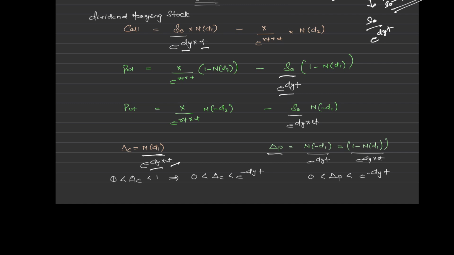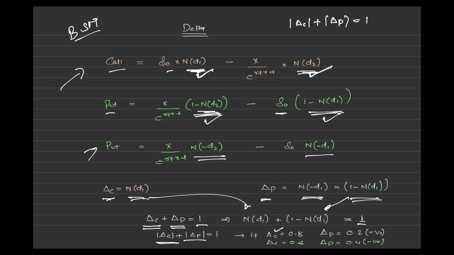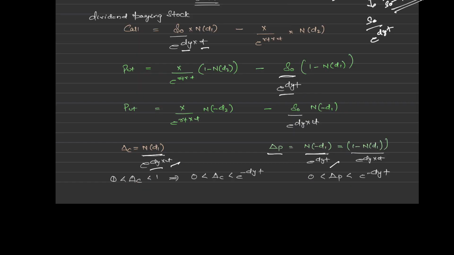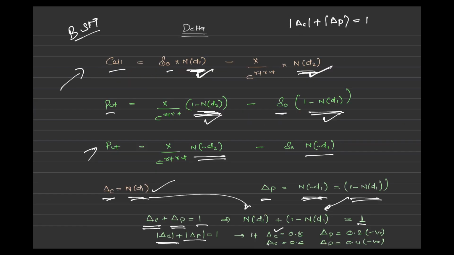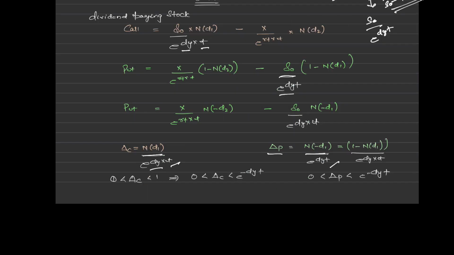And the delta of put changes from N(minus d1) to N(minus d1) upon e raised to the power dividend yield into time. So it was N(d1) earlier, now it is N(d1) upon e to the power dividend yield into time. This was N(minus d1), now it is N(minus d1) upon e to the power dividend yield into time.